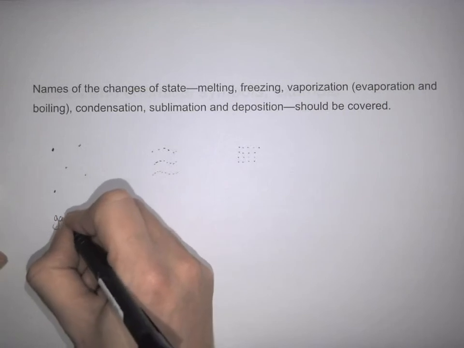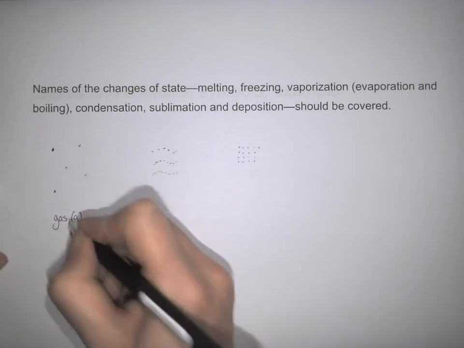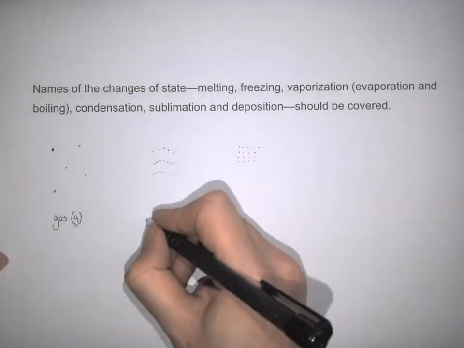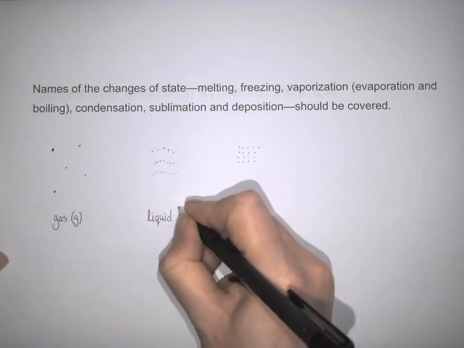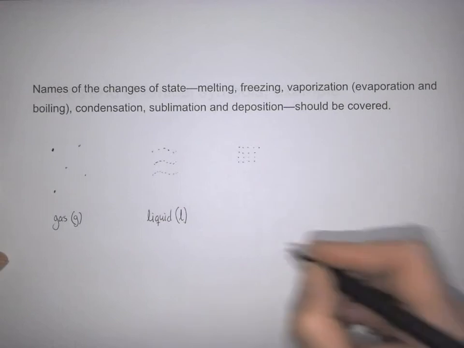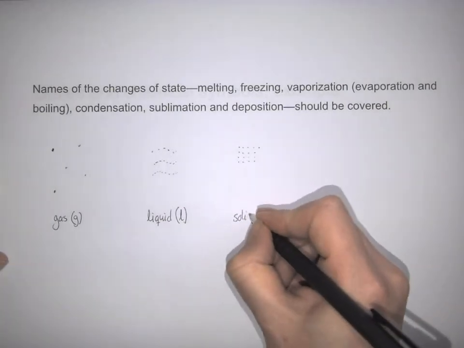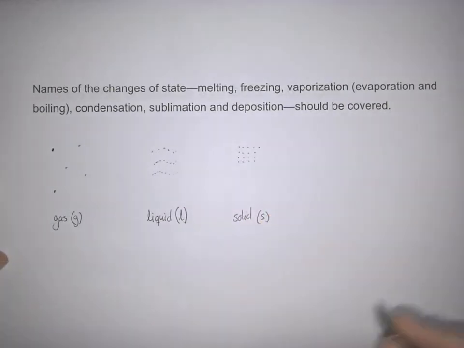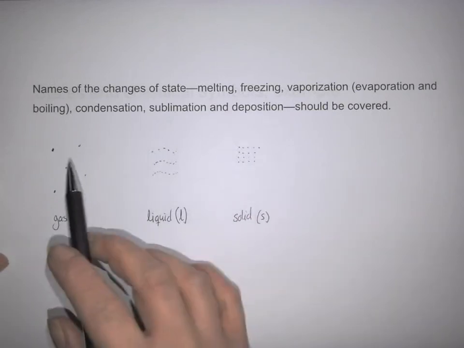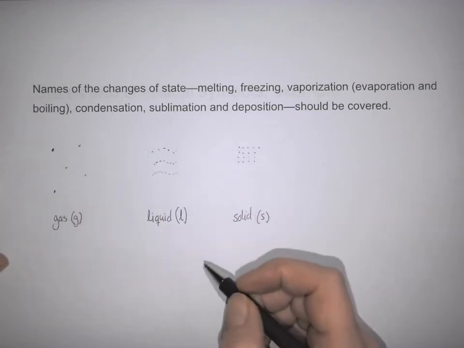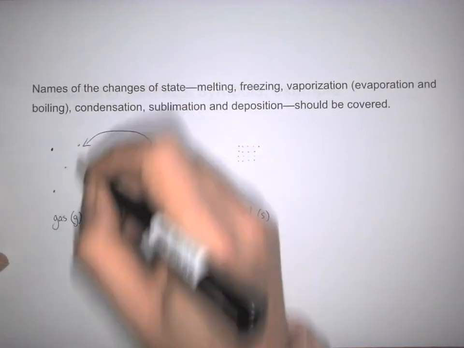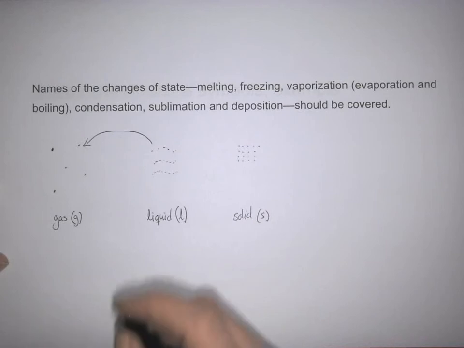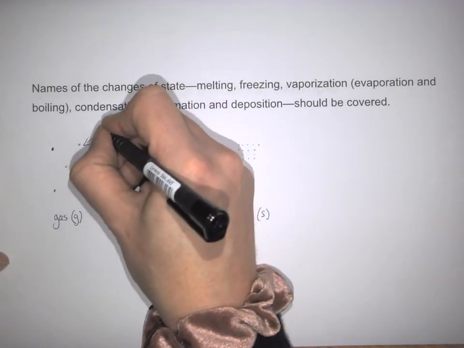Gas is one thing. The notation is just g for gas. We have a liquid that is notated with a small l, and we have solid state, that is s. If we boil the water, it goes from liquid to gaseous state, and we call that vaporization.